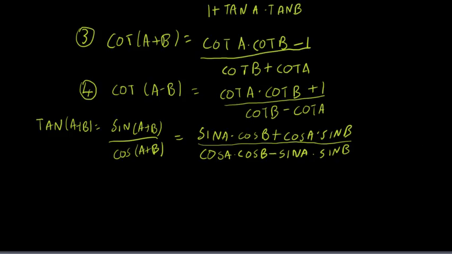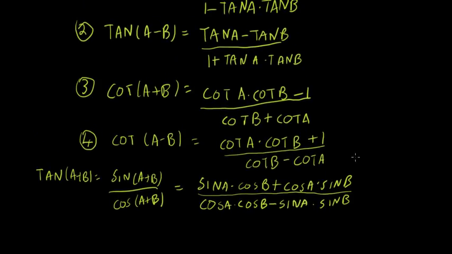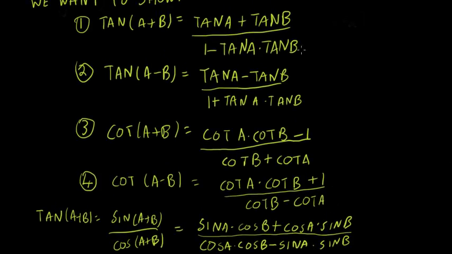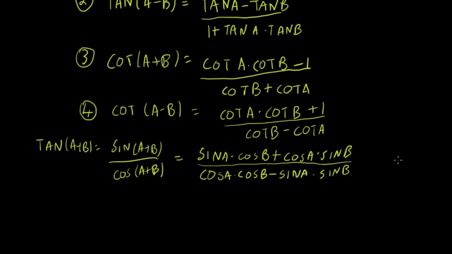Okay, but how do we get this here to look like this? How do we get tangents instead of the sines and cosines? Well, it turns out the trick we can use is divide both the numerator and denominator by the cosine of a times the cosine of b.